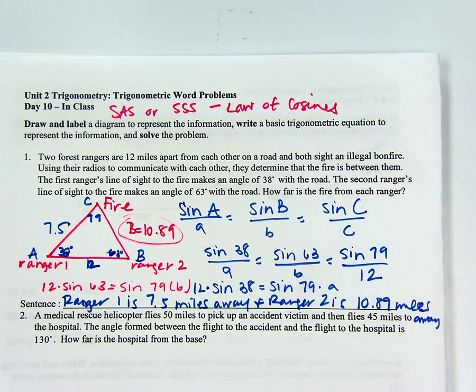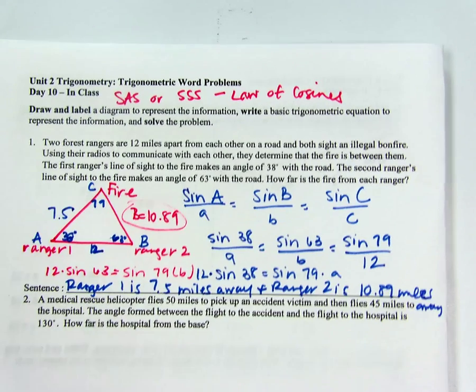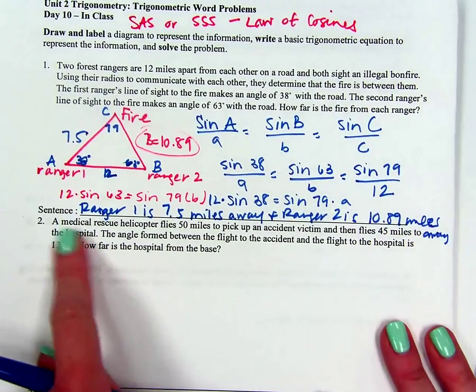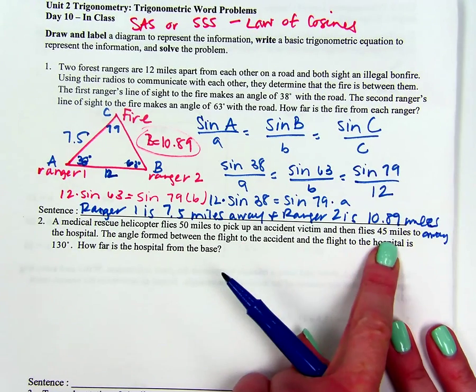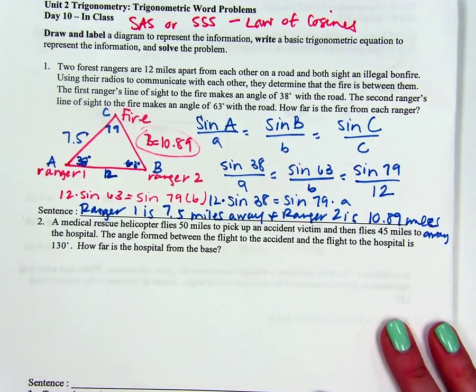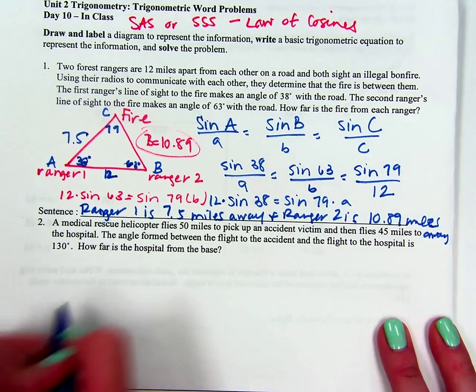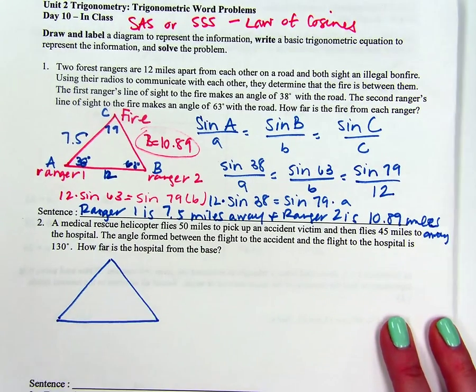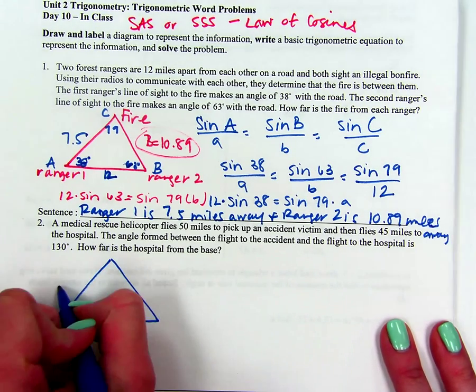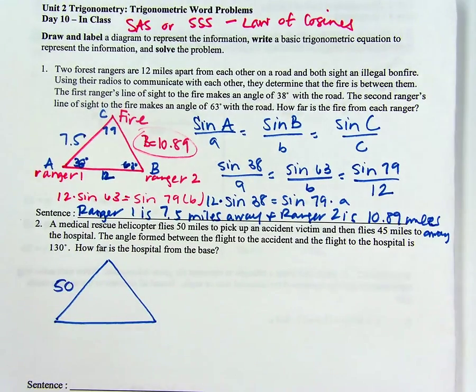So now that we kind of got the handle for that, let's go a little faster on the second one here. A medical rescue helicopter flies 50 miles to pick up an accident victim and then flies 45 miles to the hospital. So again, we're going to do a triangle here. We're going to label one of our sides 50.